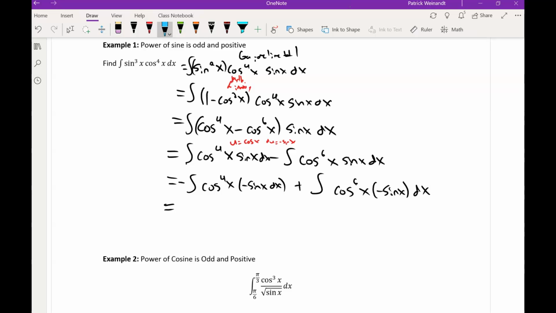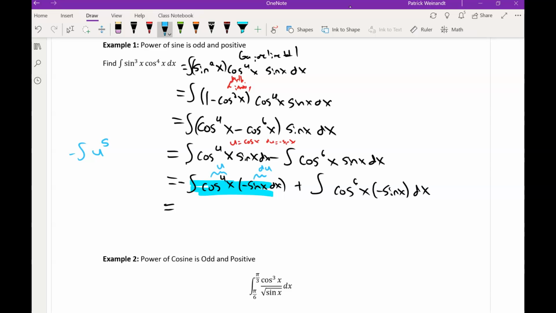And I'm just going to clearly show, well, this basically is your u. This becomes your du. If you want to work this out, this is like having just this one right here that I'll highlight in blue. If we were to do this on the side, I'm not going to show my work in both of these integrals, but basically what we're doing is, if u is cosine of x, then this integral in blue becomes negative integral of u to the 4th, and then our du, well, if u is cosine of x, then du is negative sine of x dx, which we have right there.